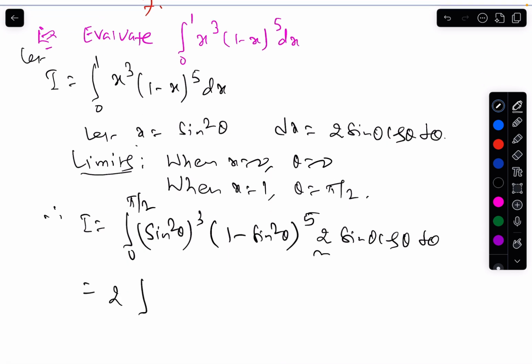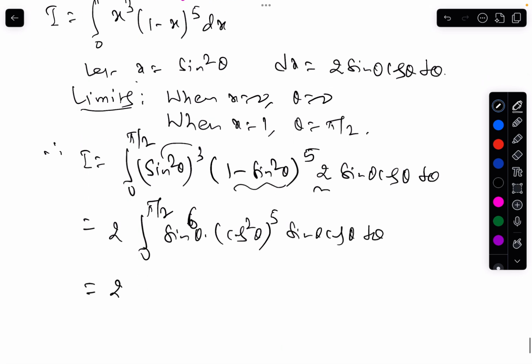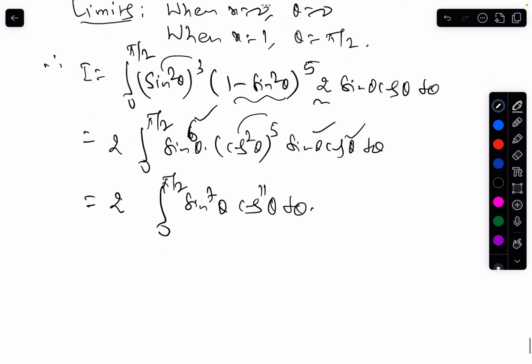So this 2 is there. This is sine power 6 theta. This is cos square theta power 5, and sine theta cosine theta d theta. So this is 0 to pi by 2 sine power 6 theta sine theta, sine power 7 theta. This is cosine power 10 and cosine theta, cosine power 11 theta d theta.